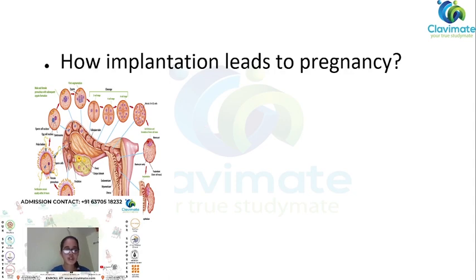The zygote is transferred through the fallopian tube, passes through it, and implants on the uterus at the blastocyst stage.